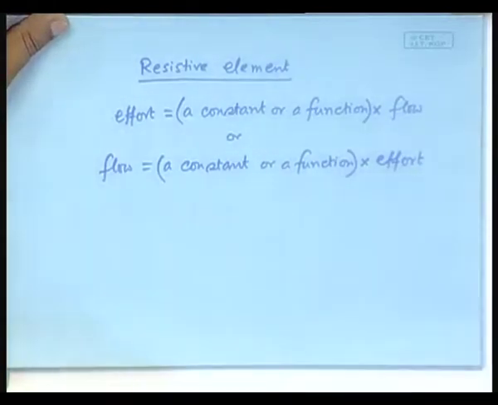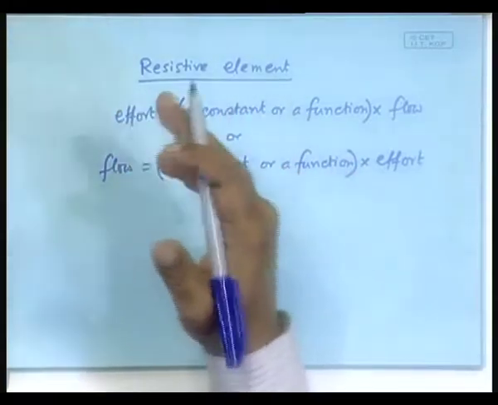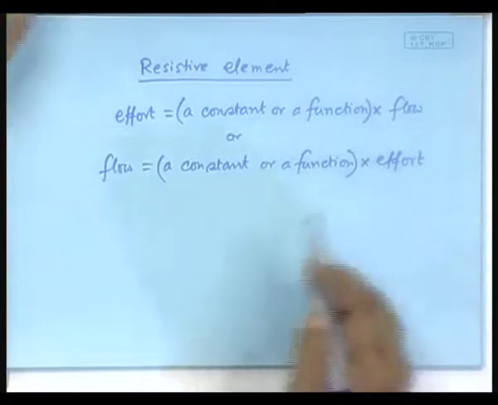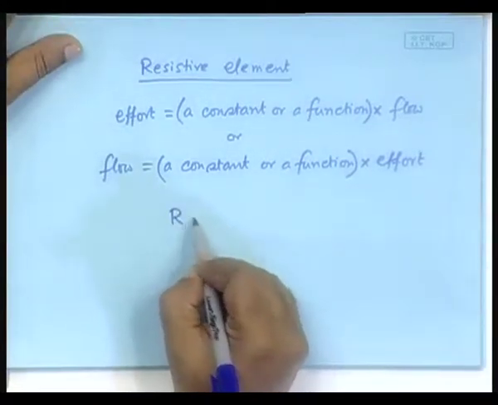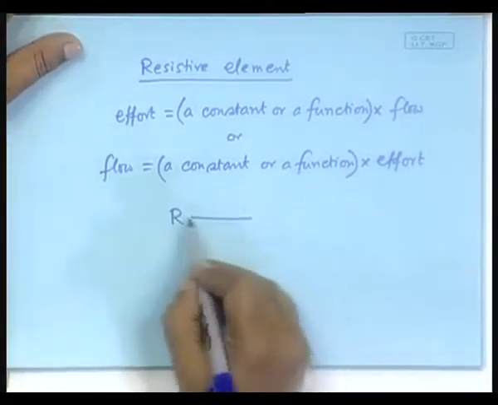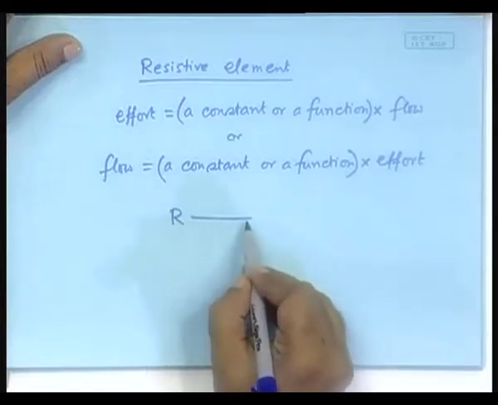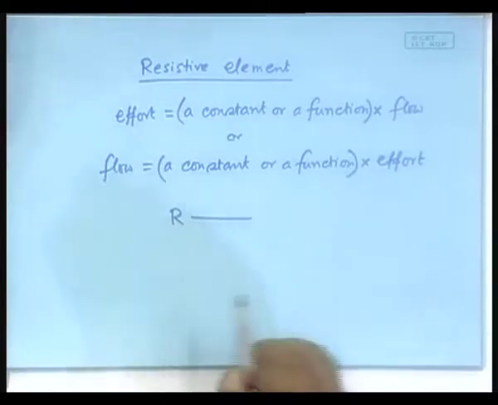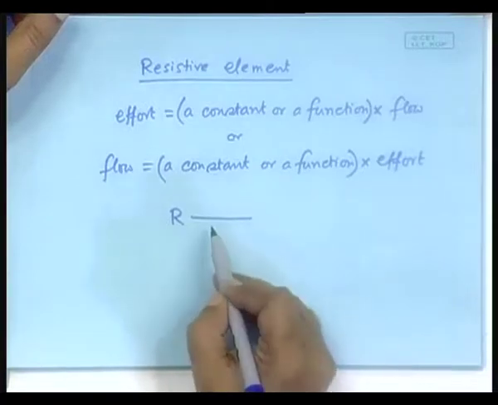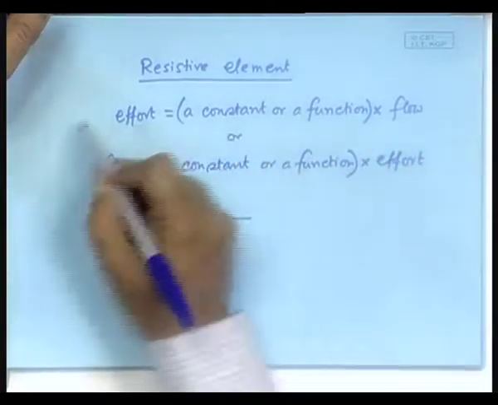So, this is the character of the resistive element always. Whenever we have a nonlinear resistor, the way we encountered in the stick-slip kind of oscillation or dry friction, then this would be a function, that is all. But this character will hold. So, it will always be represented by R connected to a bond, and that bond will carry the information about the effort and the flow, related by this relationship. Okay.